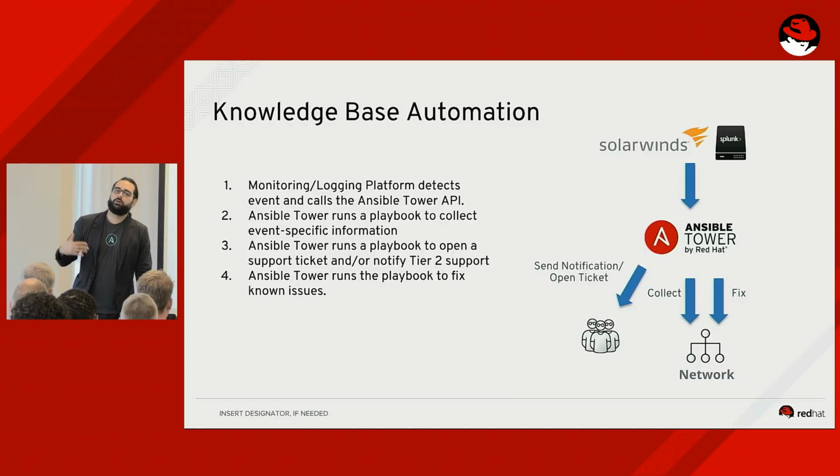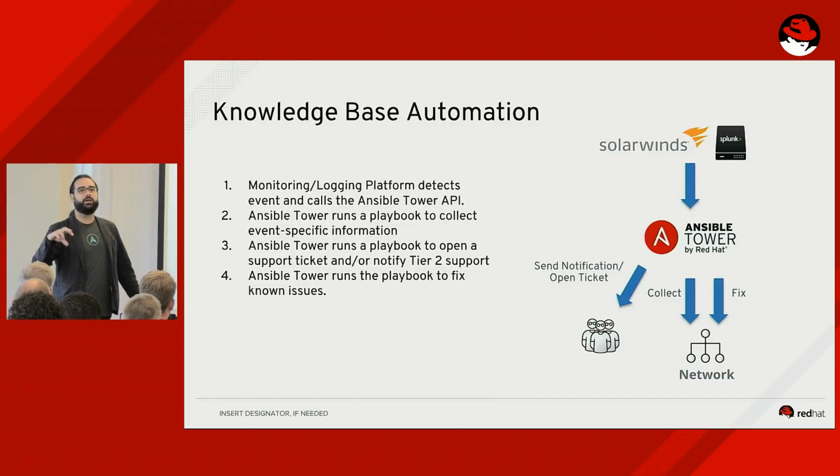Or I can go even further, which is, well, instead of doing a knowledge-based web page that nobody goes to, nobody cares about, and nobody updates, right? Because over time you copy-paste, the copy-paste does not work anymore, nobody updates, so I don't use it anymore. You can do a knowledge base for automation, because basically you know what are the steps that you do to solve that particular issue.